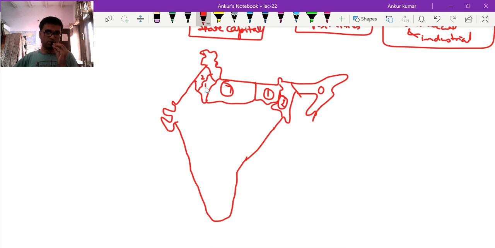Punjab, 2 metropolitan cities. Haryana, 1 metropolitan city. Okay. In Gujarat, 4 metropolitan cities. In Rajasthan, 3 metropolitan cities. Okay, here MP, there are 4 metropolitan cities. Chhattisgarh, 2 metropolitan cities. This is Jharkhand, 2 metropolitan cities in Jharkhand as well.